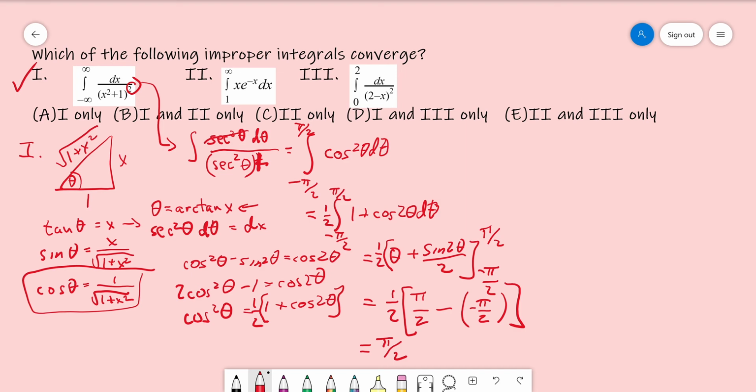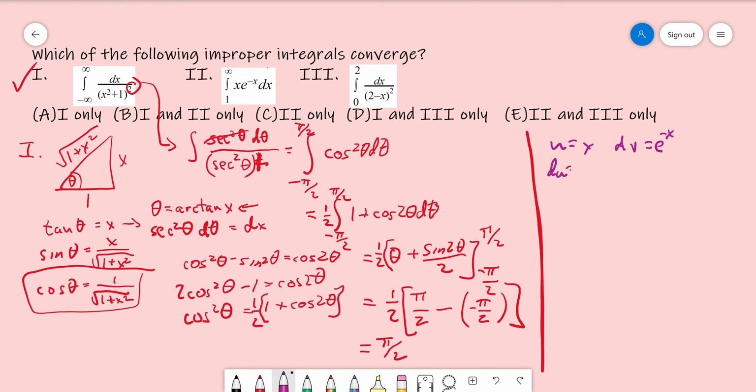So let's move on to number 2. This integral, we're going to have to do by parts. And let's move to a different color. So this integral, let's say that u is equal to x and dv is equal to e to the negative x.